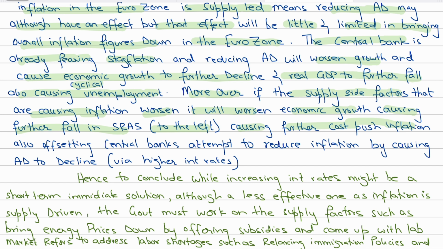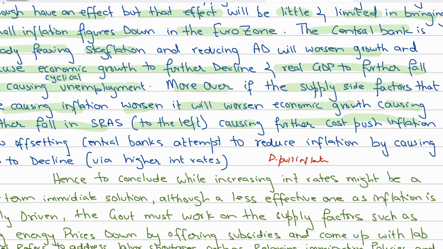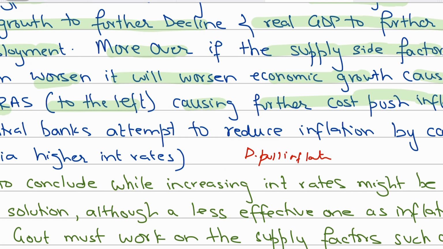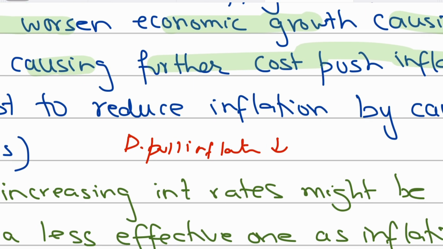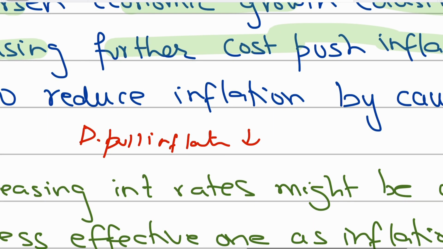But the problem is that when cost push inflation goes up, although you have implemented contractionary monetary policy to bring demand pull inflation down, meaning you're trying to bring down inflationary pressures by reducing AD, you're reducing some demand pull inflationary pressures, but then it's offset by further cost push inflation.